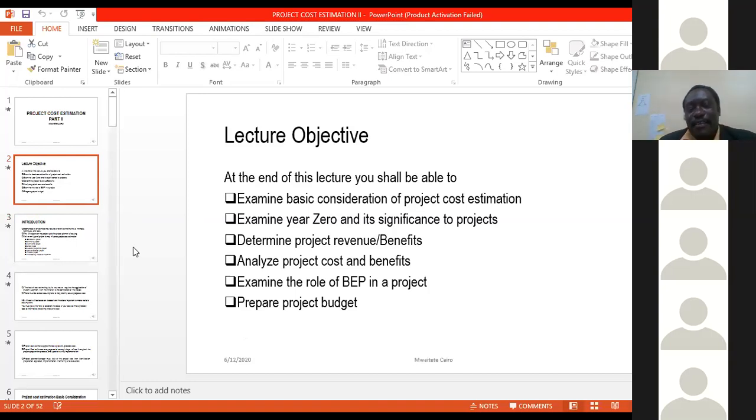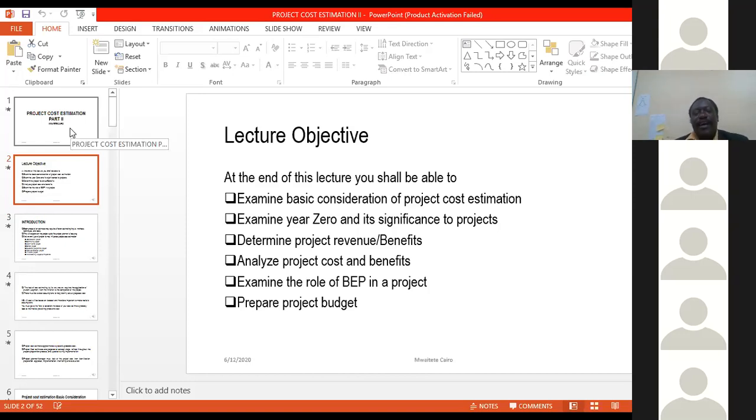Okay. Now, let me talk briefly about it. In this context of projects, we are talking about project cost estimation. The project cost estimation is the beginning for us to start making consideration of the project. What are the costs as a manager you need to look at?